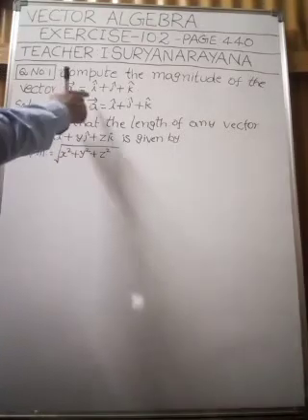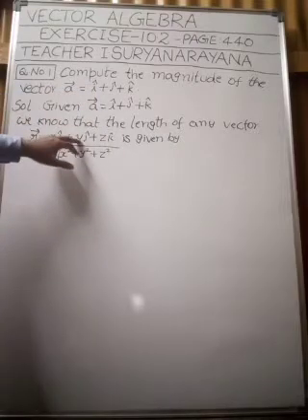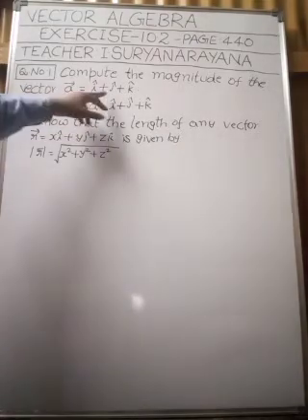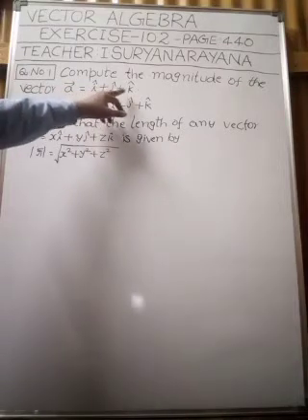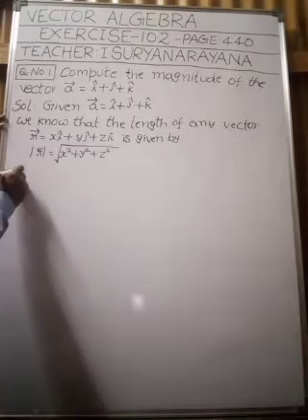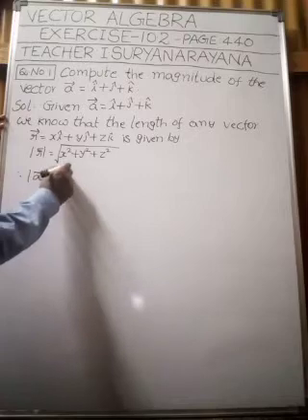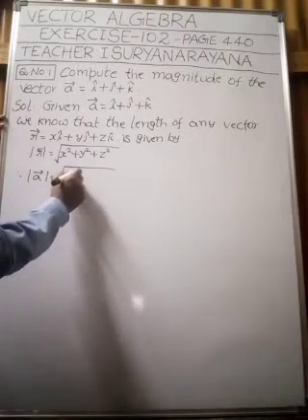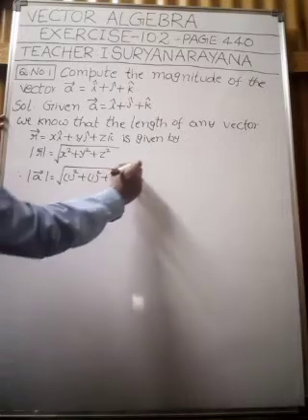Right. Similarly, here we compare this vector with this vector. What is x here? 1. The i cap coefficient is 1. The j cap coefficient is 1. And the k cap coefficient is also 1. Okay, my children, understood this one. So, modulus of a bar is equal to square root of 1 whole square plus 1 whole square plus 1 whole square.